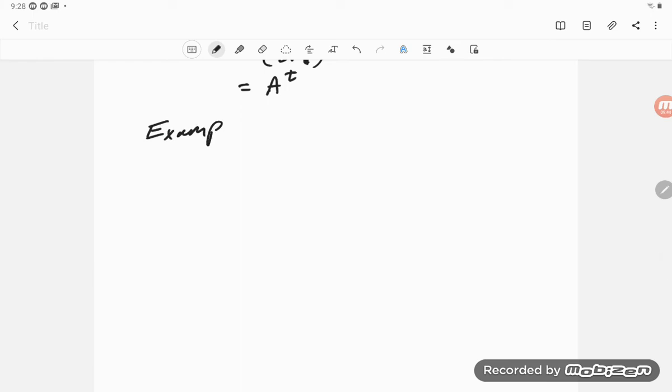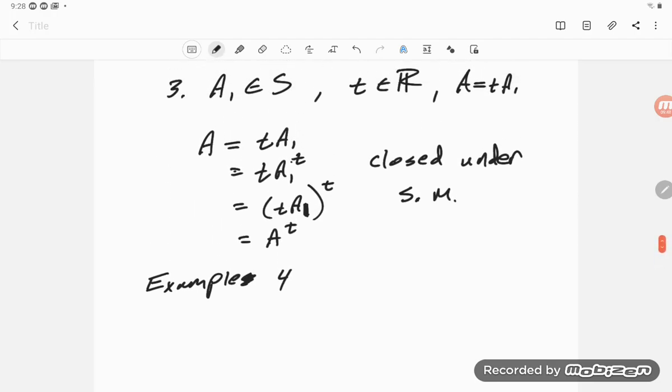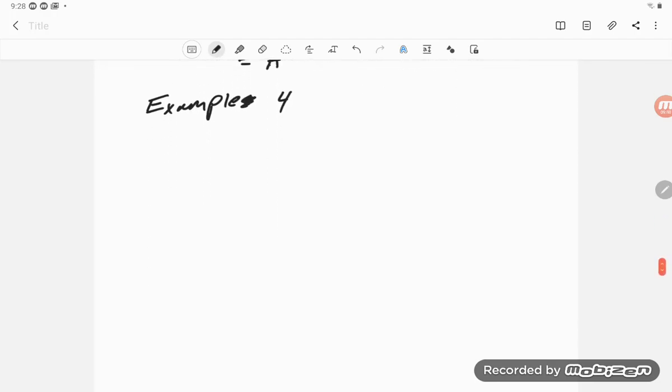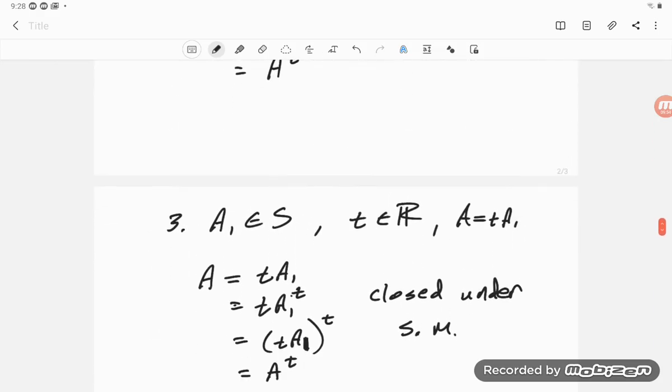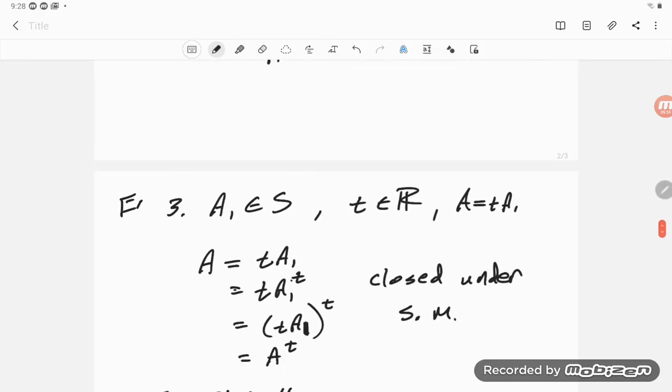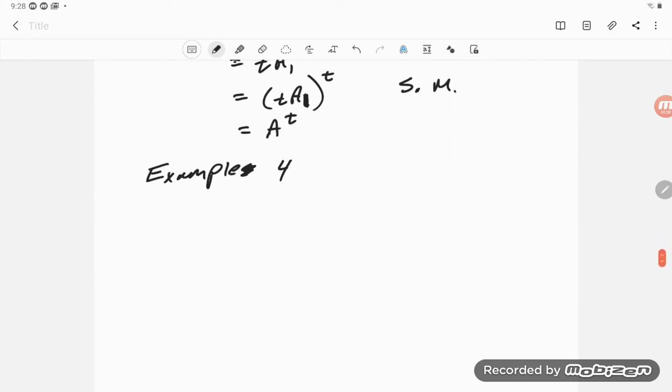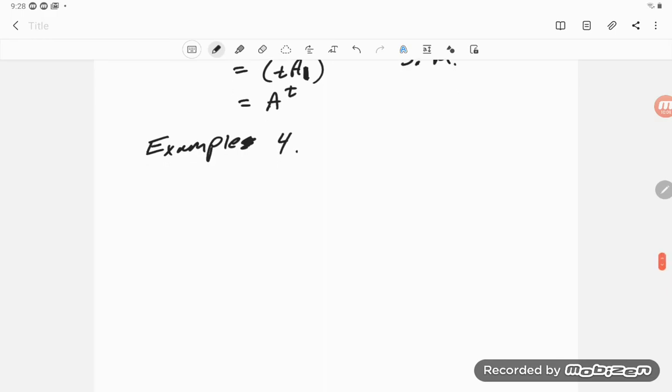And this is example 4. Now, we'll really depart from matrices and all that.